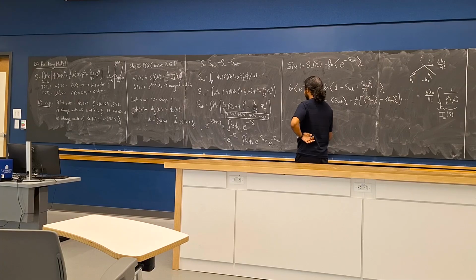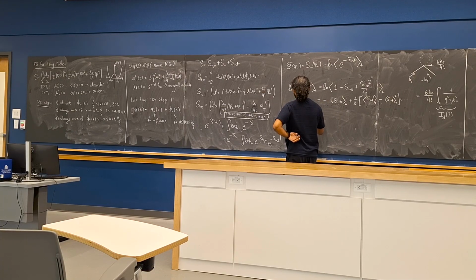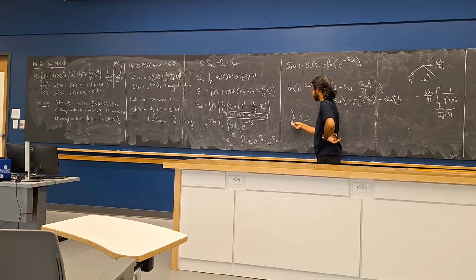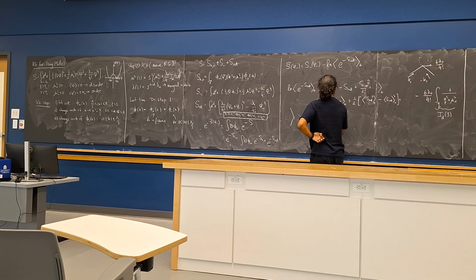So one diagram that should appear is this, a two loop. Solid lines are phi minuses, so this is a phi minus correction that would appear. Another diagram that can appear is, let's say, this.